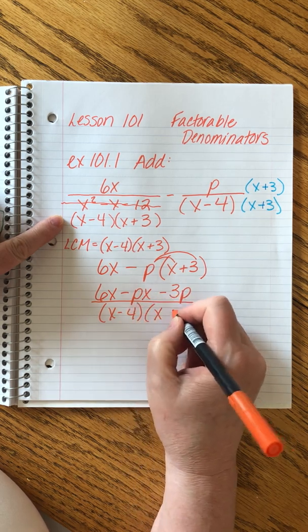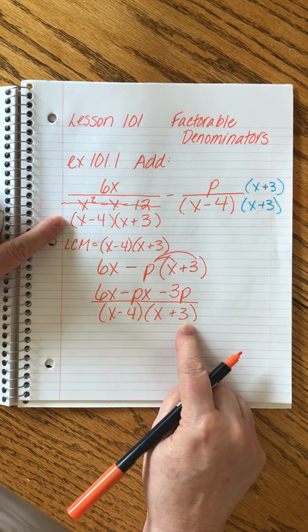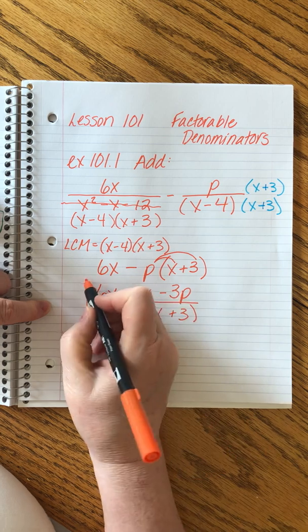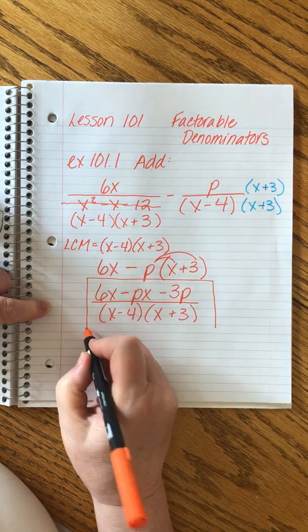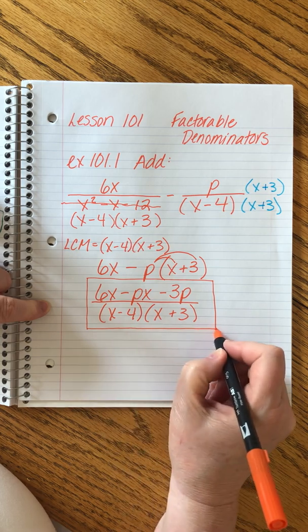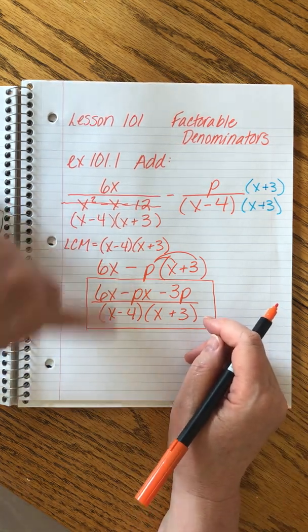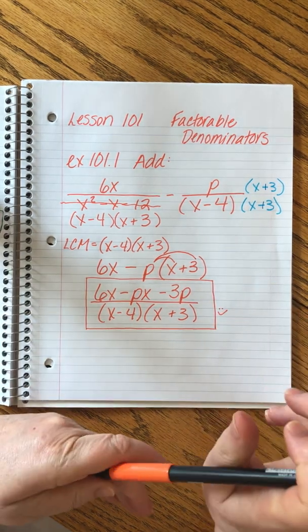And I like to see the denominator left in its factored form. This is perfect. If you left it in this form, I would probably tell you, keep going, you're not quite there yet. This is the right answer. Yay!